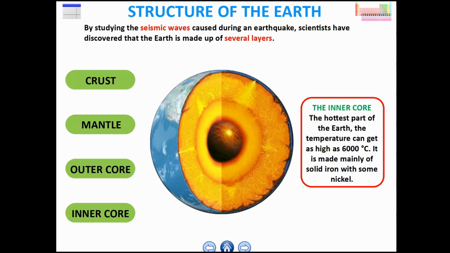Now, the inner parts of the sun are millions of degrees, but the outer surface of the sun, in the sunspots, where there are cooler parts, is cooler than the hottest part of our planet. And it's mainly made of iron with some nickel too.